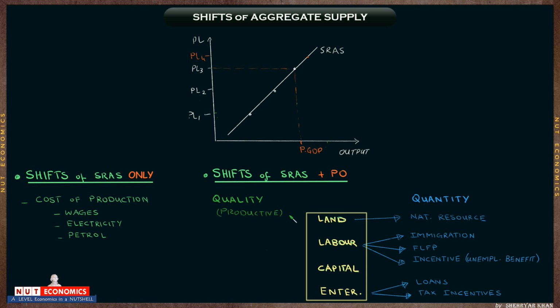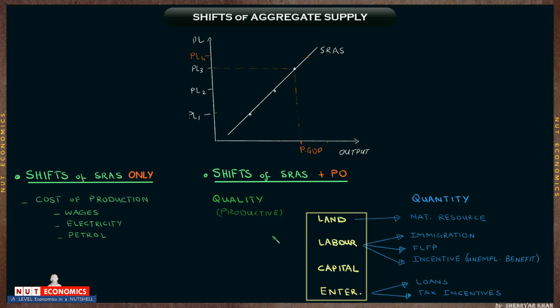If somebody is working in a pen making factory, and he makes 10 pens an hour, then 10 is his productivity per hour. Now, improvements in the quality of resources mean that your labor, instead of producing 10 pens per hour, starts producing 15 pens per hour, then we say that his productivity has increased and his quality has improved.